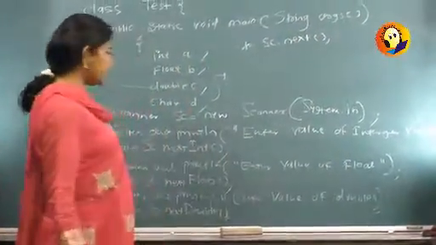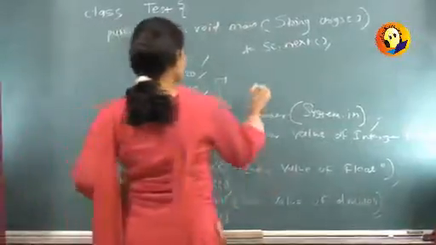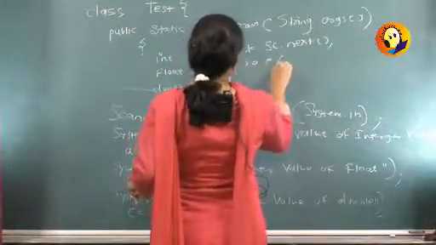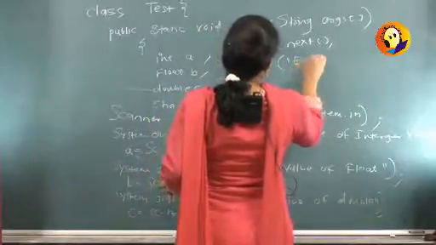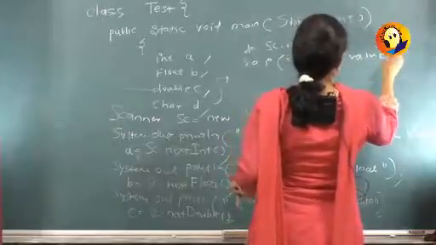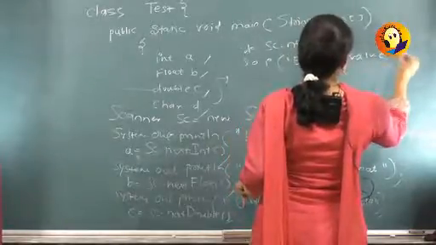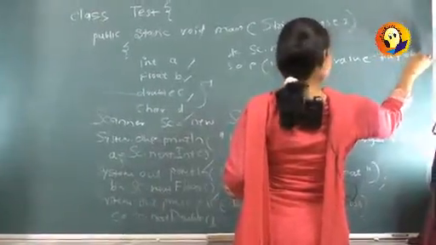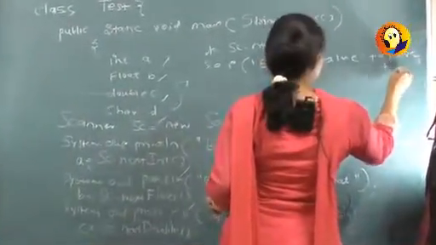And for displaying the values, how can we display values? System.out.println, entered values are in variables a, b, c and d.